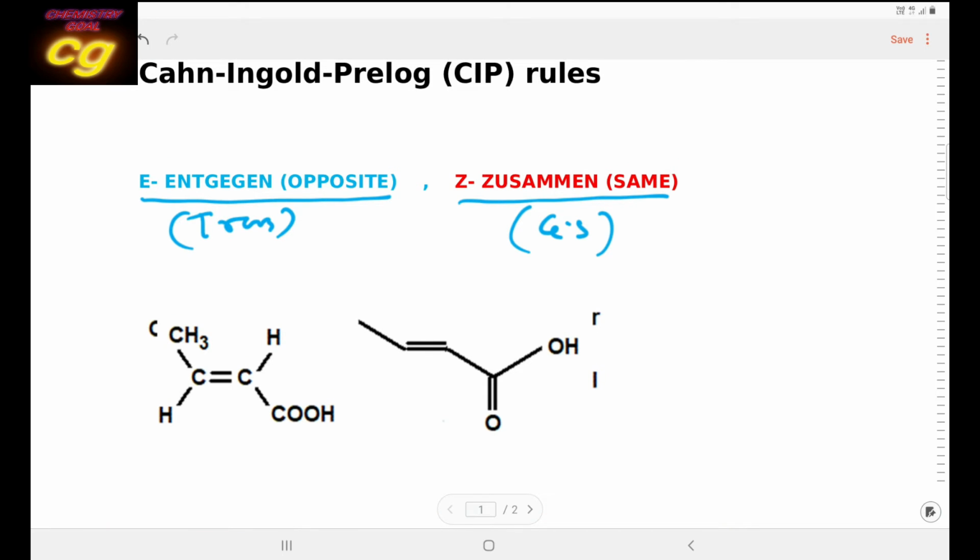Here on the carbon-carbon double bond, a hydrogen is attached, and here a carbon is attached. So as carbon has a greater atomic number than hydrogen, it gets higher priority, 1, and hydrogen will be taken as 2.